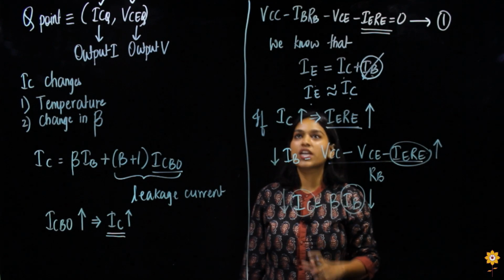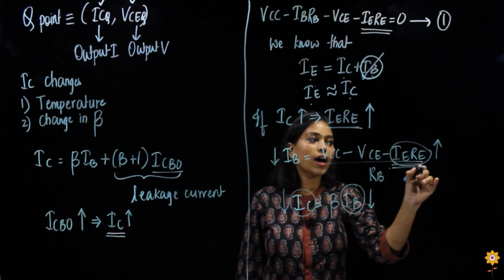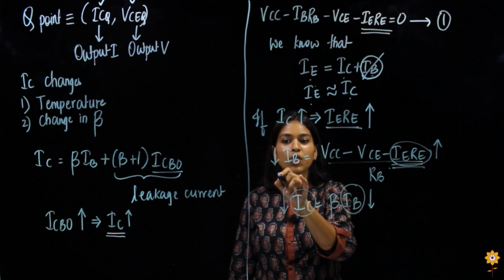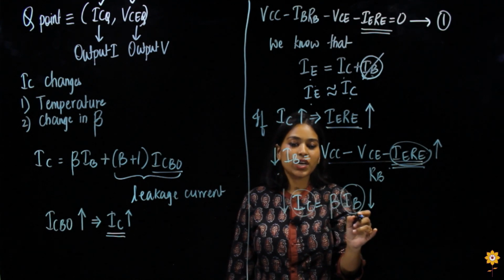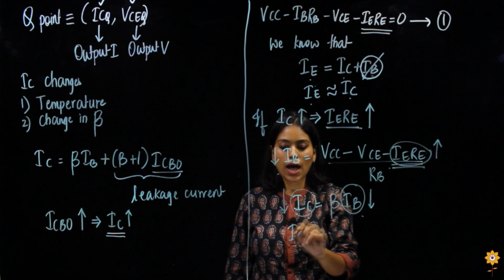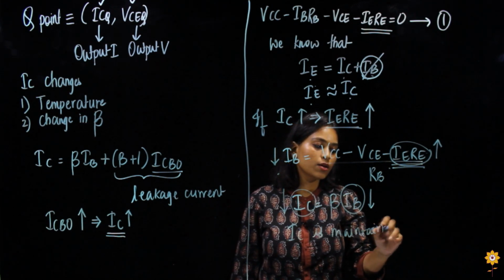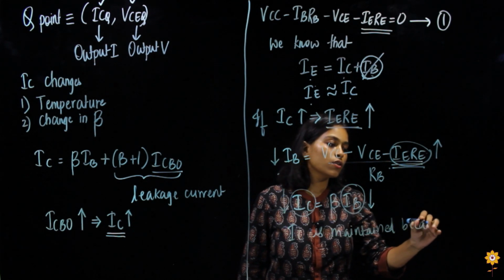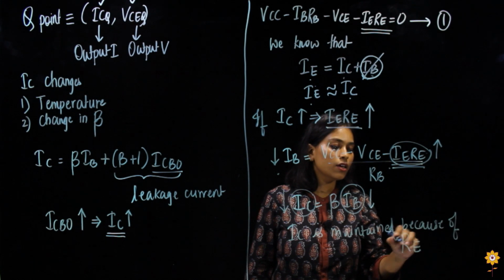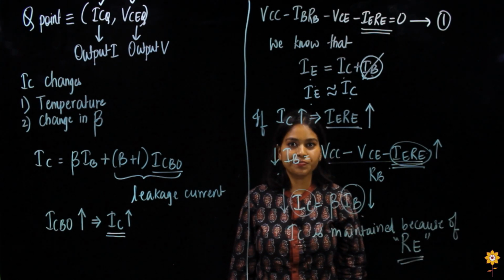So even if there is a rise in temperature, because of this resistor RE, we can see IB is decreasing, and because IB is decreasing, IC is automatically decreasing and it is maintained. So IC is maintained because of the RE resistor, which is present in self-bias configuration.